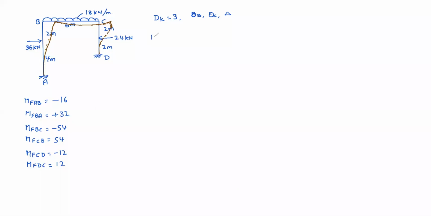MAB equals MFAB, that is minus 16, plus 4EI by L into theta A, theta A is 0, so 2EI by L into theta B minus 6EI delta by L square, 6 square, that is 36. So this is MAB.